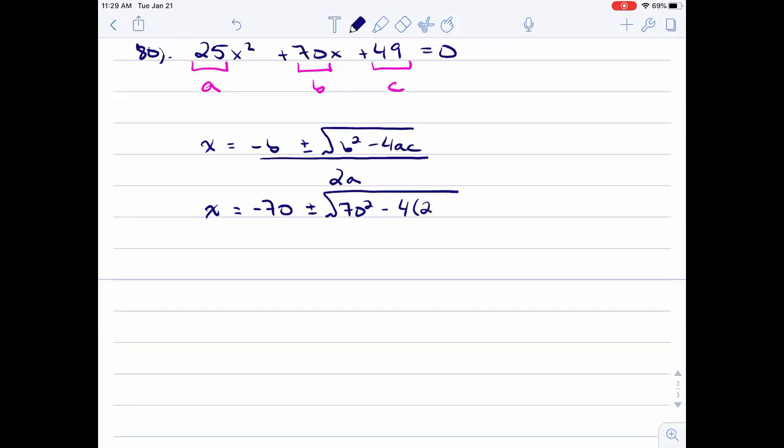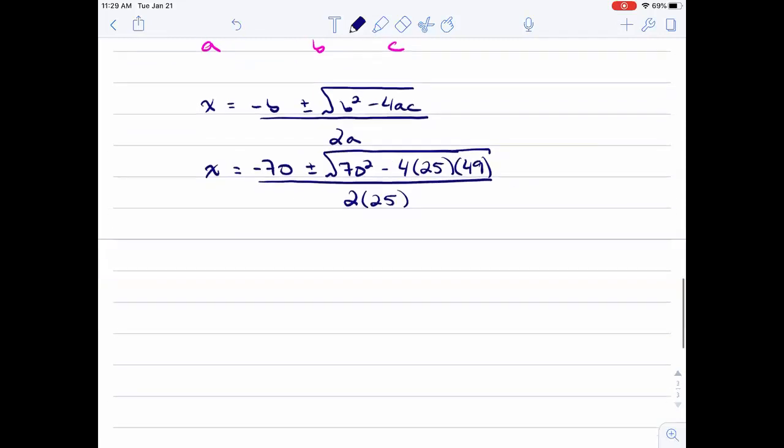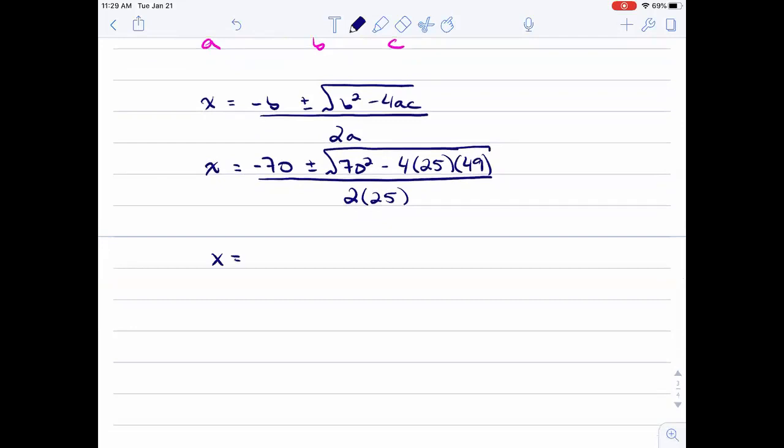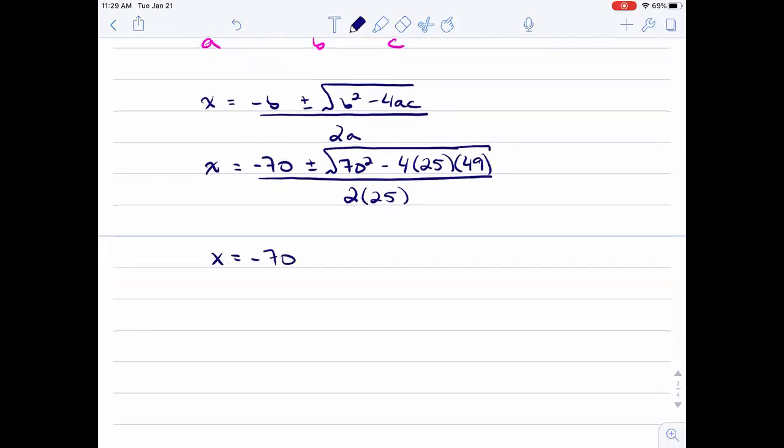Minus 4 times a, which is 25, times c, which is 49. All over 2 times a, which is 25. So we can simplify this a little bit. I'm going to leave the negative 70 on the outside here, plus minus, and I'm just going to simplify under the square root for now.